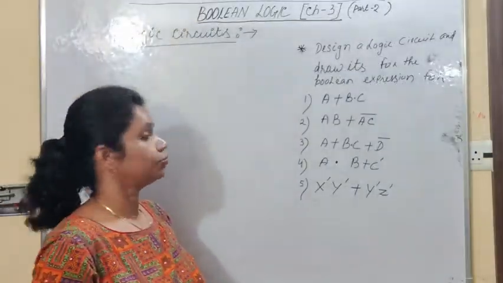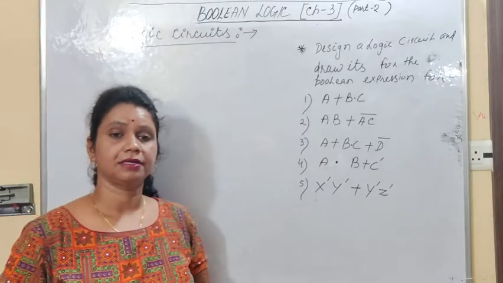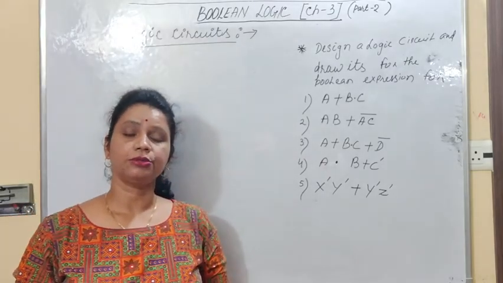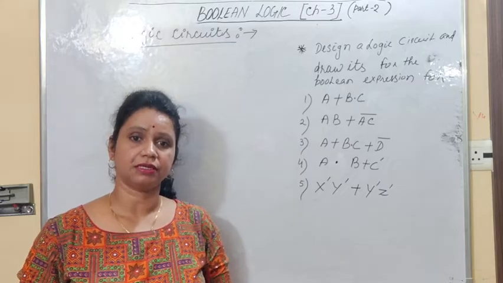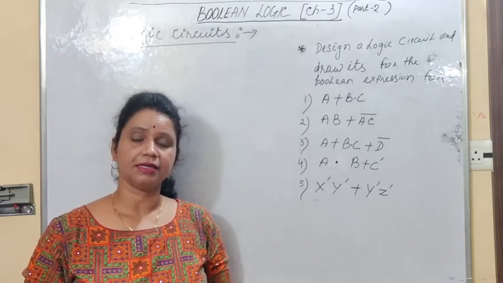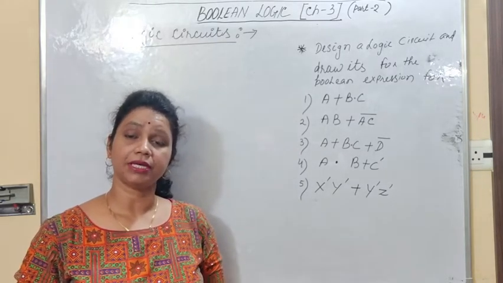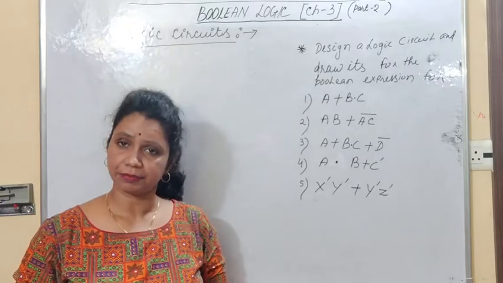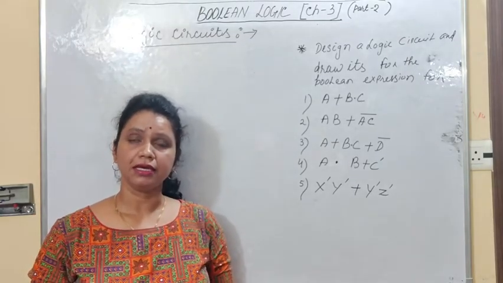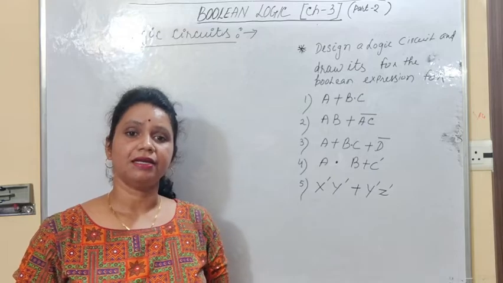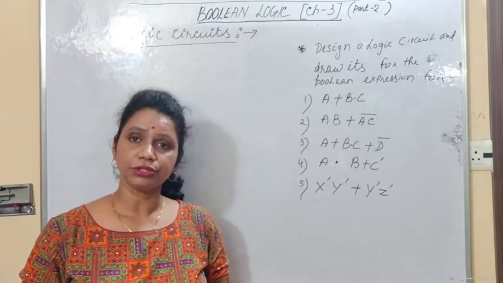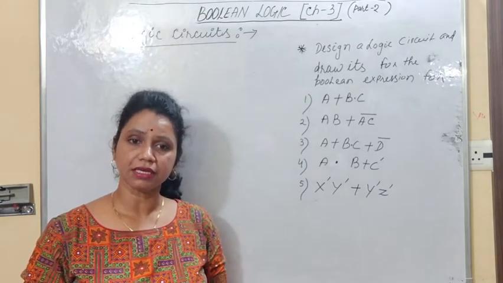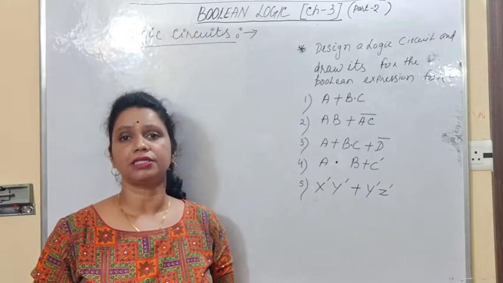So students, now we will discuss logic circuits. What is a logic circuit? To execute a Boolean expression, you require a logic circuit and the input values for the variables of the Boolean expression. In other words, logic circuit diagrams are used to represent Boolean expressions through combinations of logic gates.